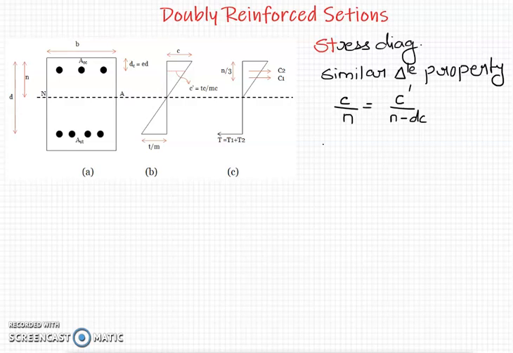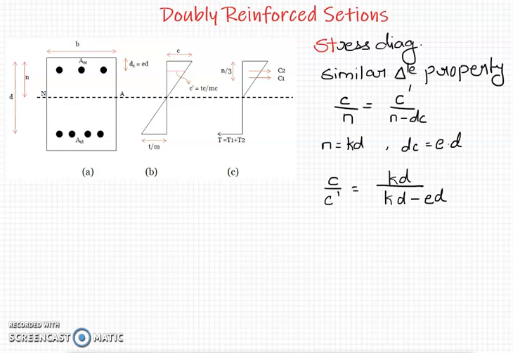Now here we know that N is equal to K times D, and we also know that dc is equal to E times D. We have taken this. Okay, so I can write this as C upon C dash is equal to K times D upon K times D minus ED. I've just substituted the value of N here and DC here.